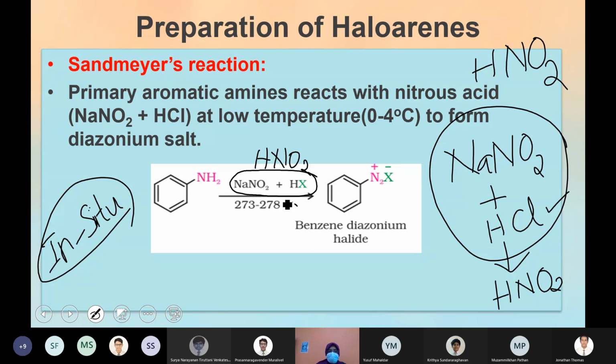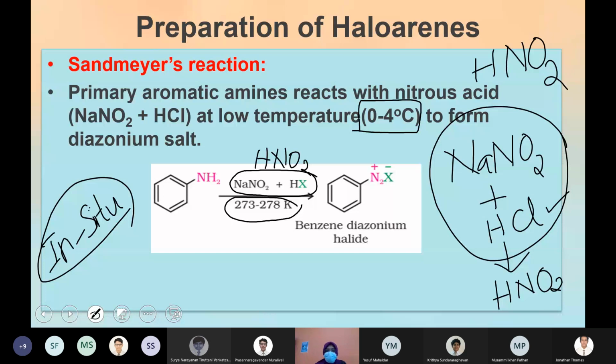Also look at the temperature, 273 to 278 Kelvin. 273 Kelvin means 0 degrees Celsius, right? So the temperature should be very low. In the lab we use ice to cool below room temperature. It should be 0 to 4 degrees Celsius.